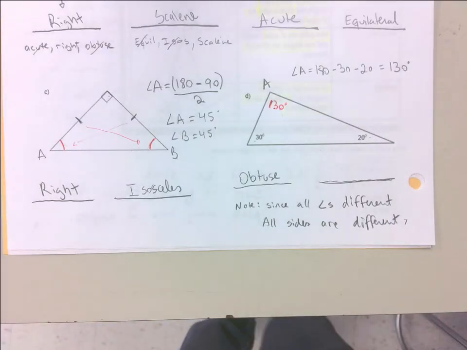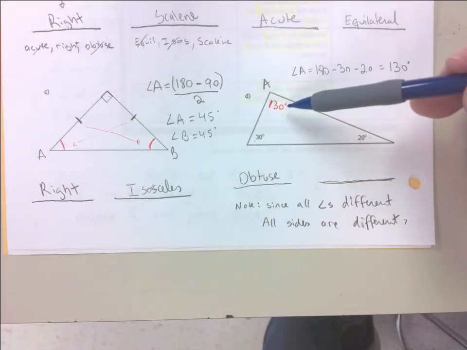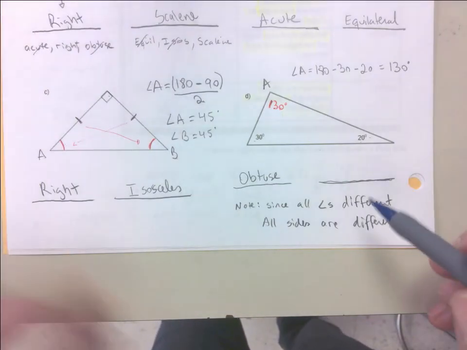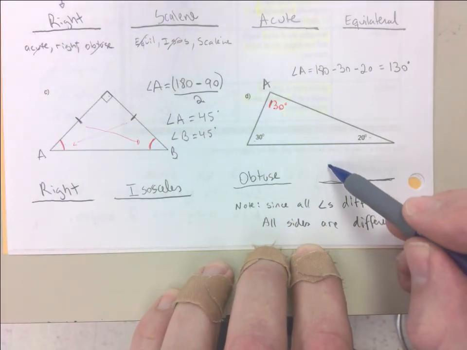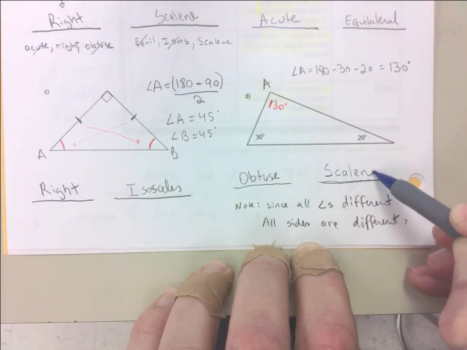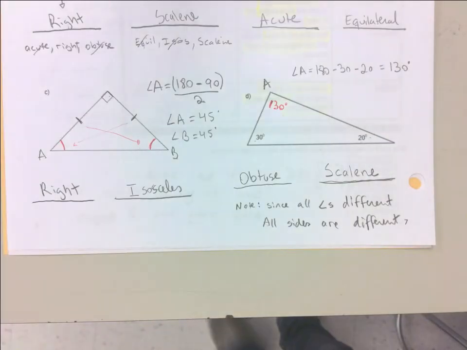Does that make sense, guys? I hope it does. It's just a fact that if angles are all different, the side lengths will all be different. Therefore, what is the only thing that makes sense to put down here? Not all at once, guys. Scalene. Okay, so it's an obtuse scalene triangle.